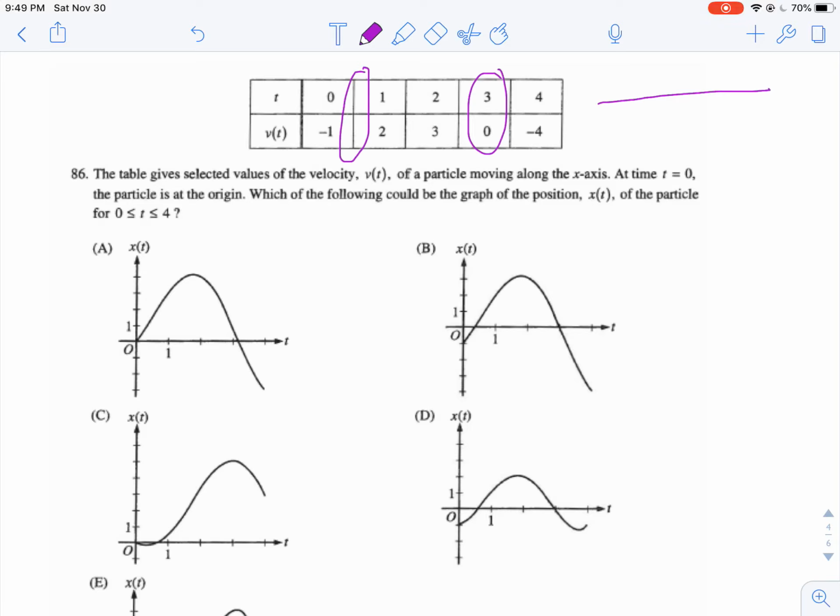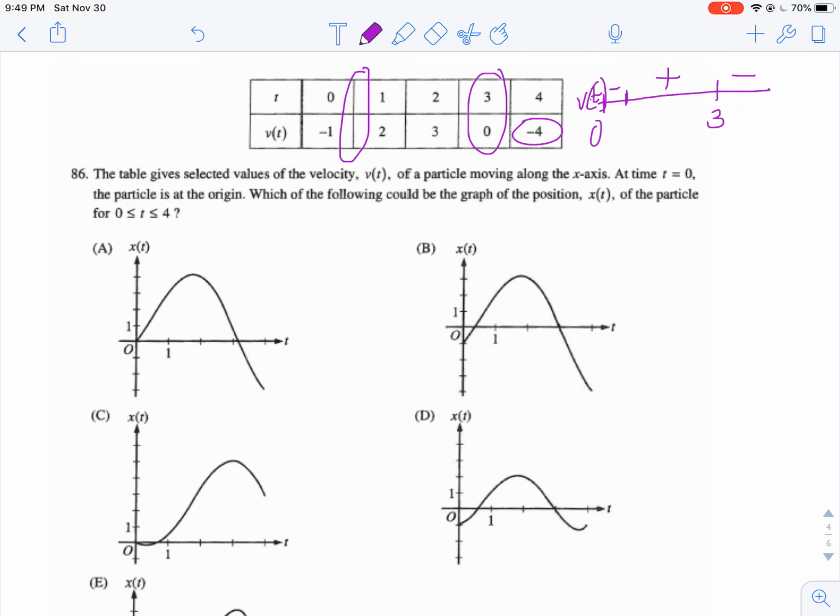So if I'm making a velocity sign chart, past 3 it's negative, and then in between 3 and a little bit more than 0 probably, if this is 0 right here, it's positive, and then over here it's negative again.